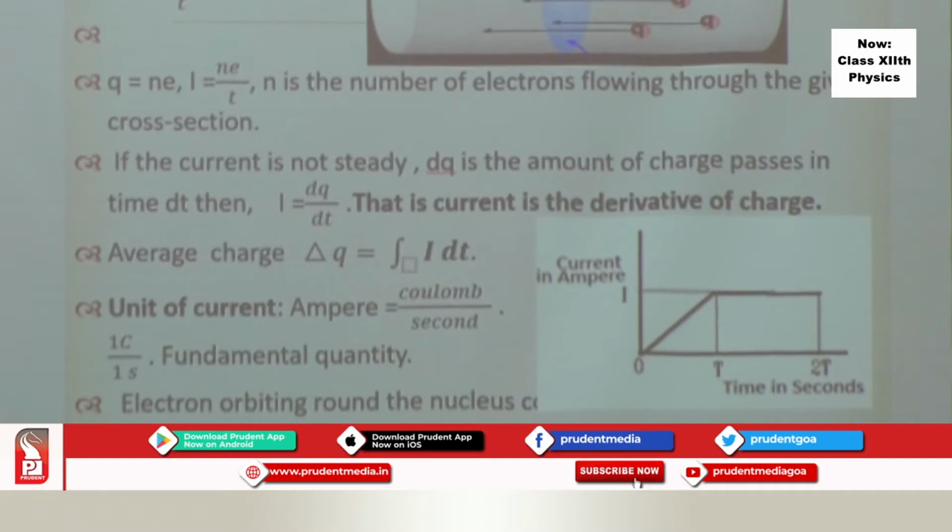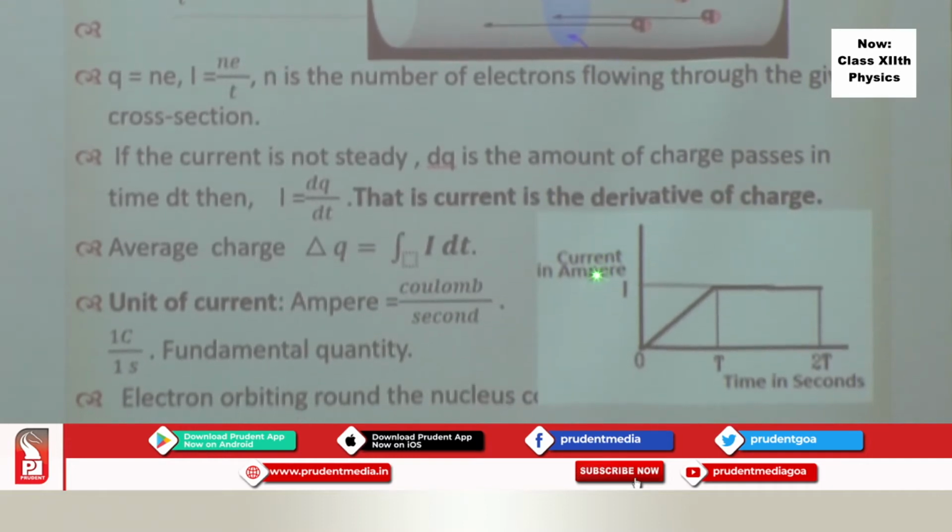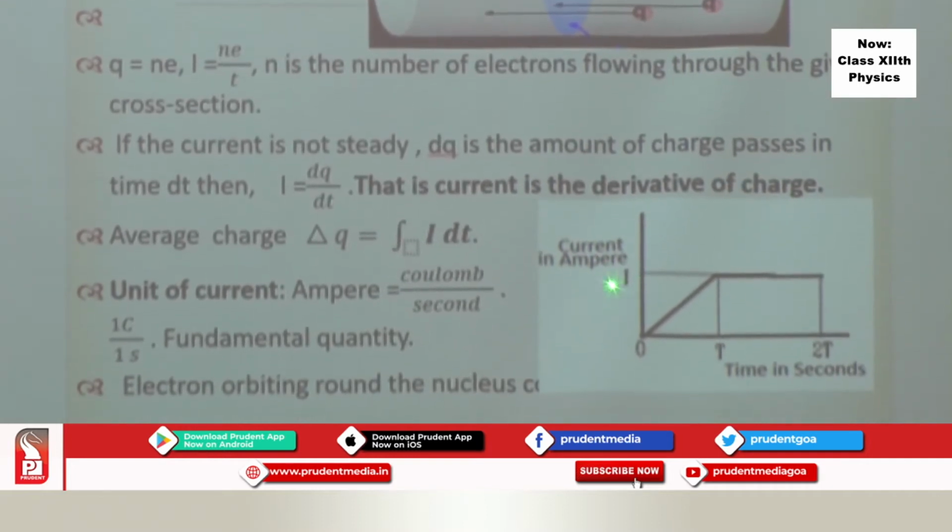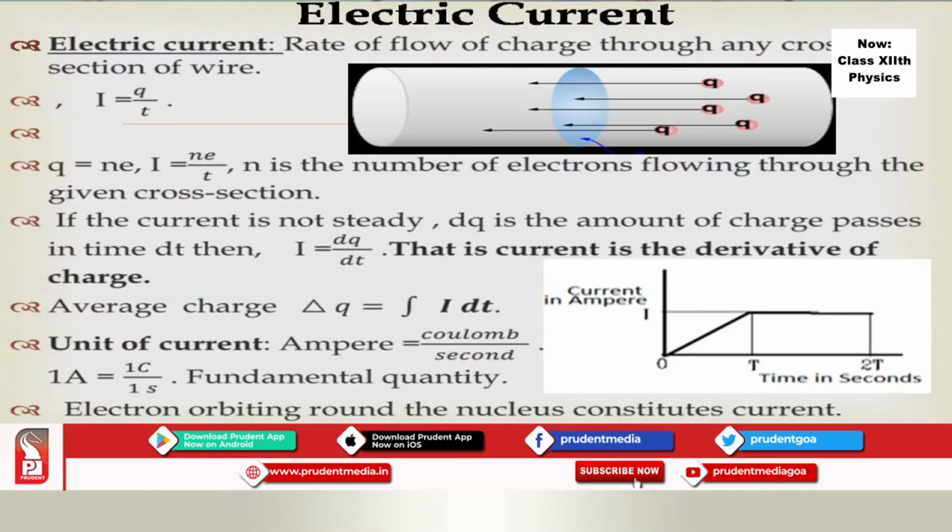If you plot a graph of current versus time, suppose this is an unsteady current, and you want to find how much charge flows in time t seconds, you can just find the area under that graph, and you will be able to find the total charge that passes through the given cross-section in that time.